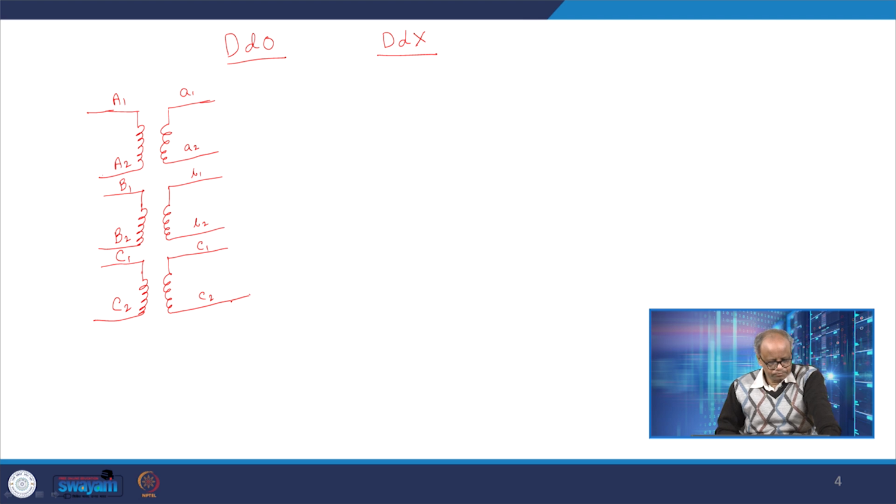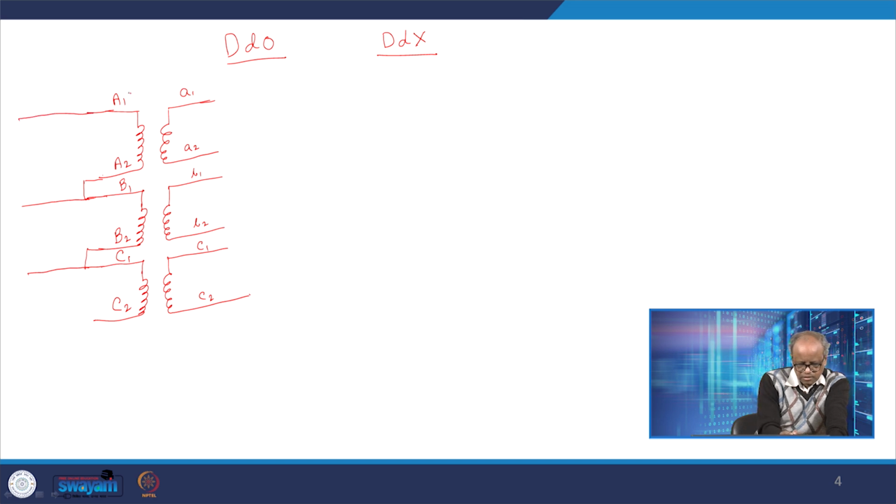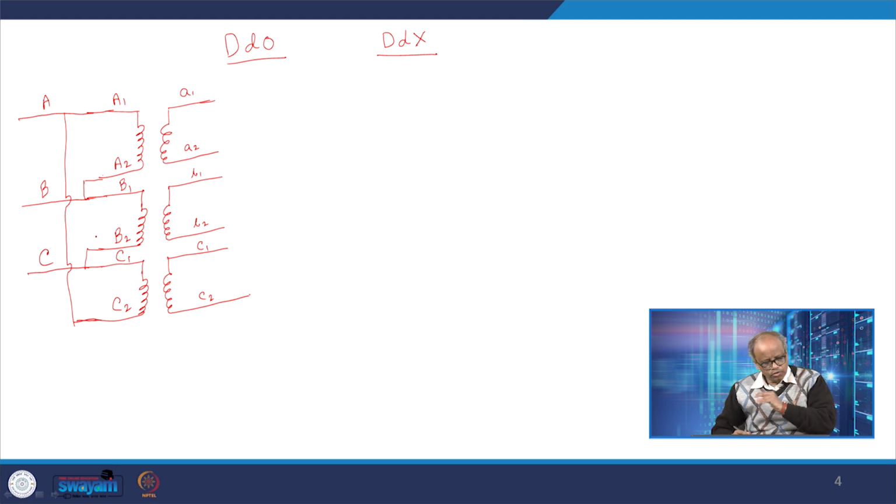Now it is DD. So, what we do is that we first make the connection at the primary side, and we say that this is phase A, phase B, phase C. So, now let us draw the phasor diagram.